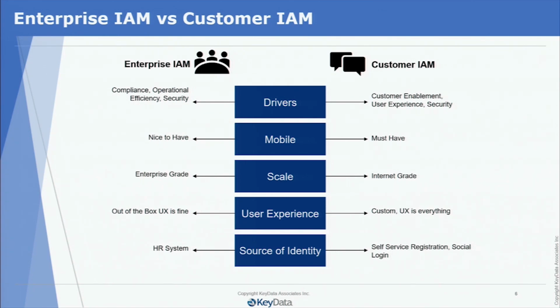On user experience, in most cases you have a good user interface with your IAM systems, and there's not much more that you need to do there. But the user experience on the consumer side is often customized, and it's all about that end user experience: accessing the portal, how easy it is for them to use it, to navigate, to register themselves, to do business across product lines and so on.